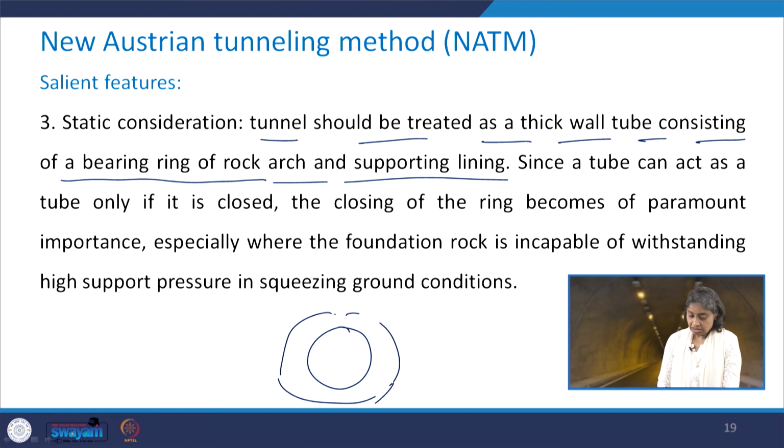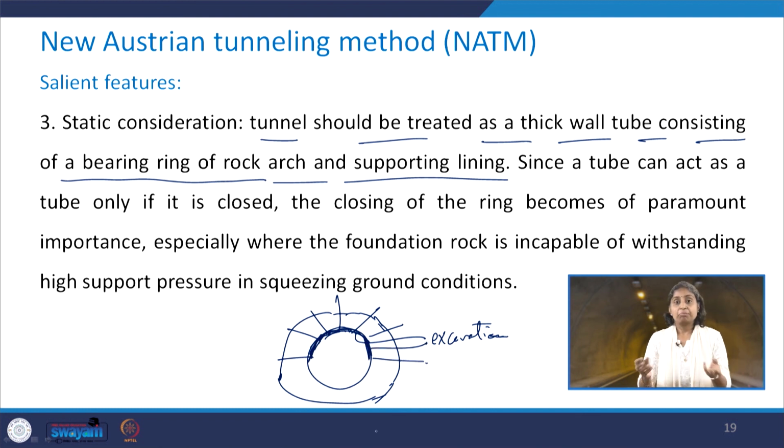This is the excavated boundary, and then you have a rock layer all around the periphery of this, and also you have the support system. It can be, let us say, the shotcrete layer plus the rock bolting. So, all these together act as a bearing ring of rock arch and the supported lining.